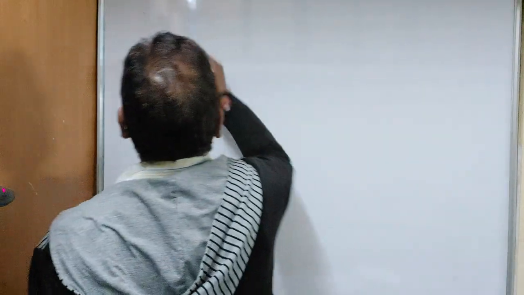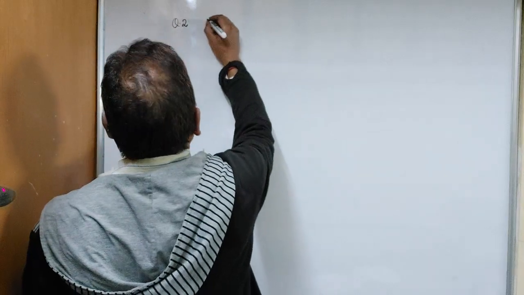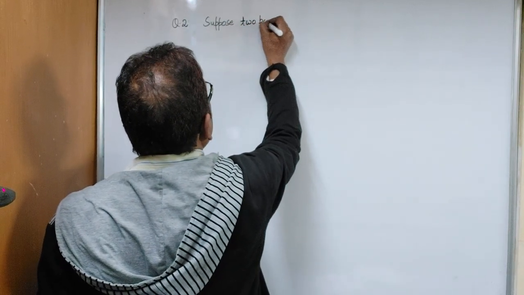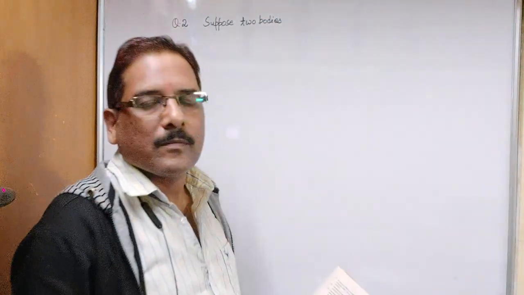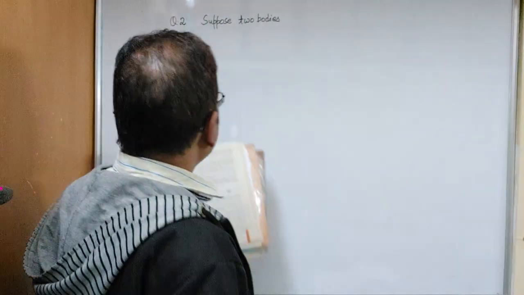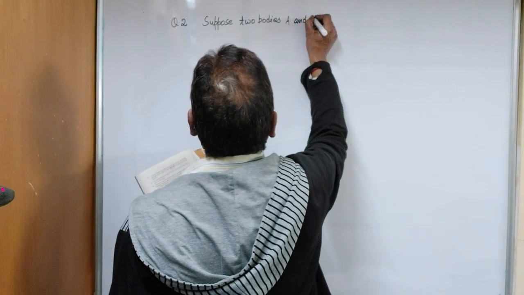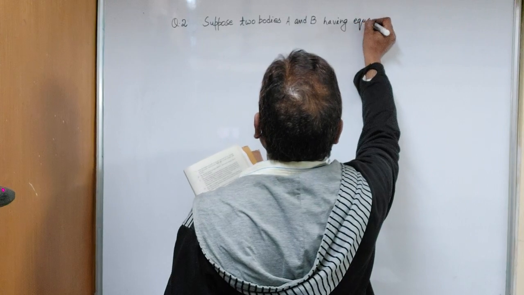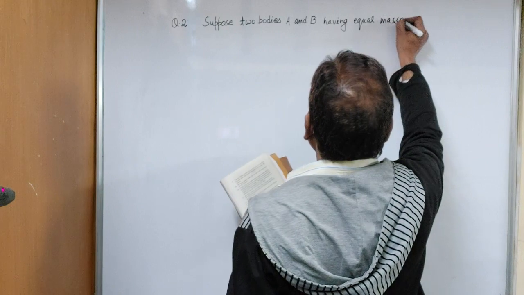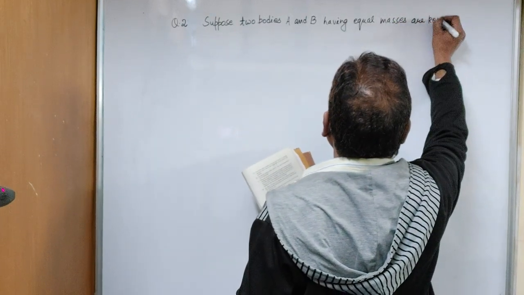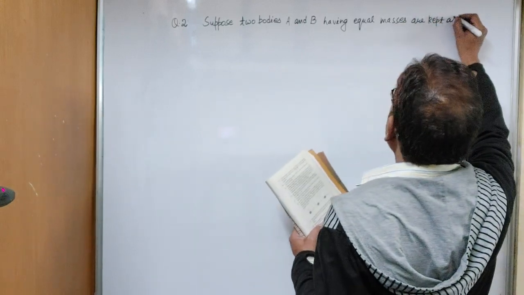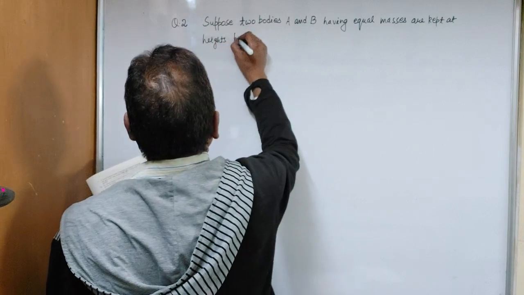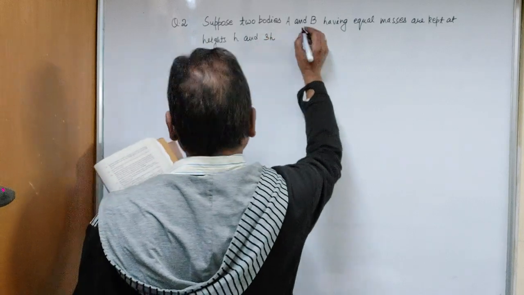Now next question is question number 2. Suppose two bodies A and B having equal masses are kept at heights h and 3h respectively.